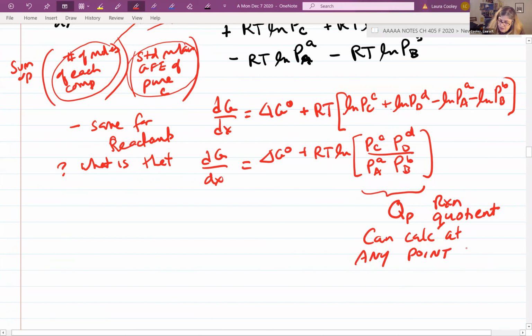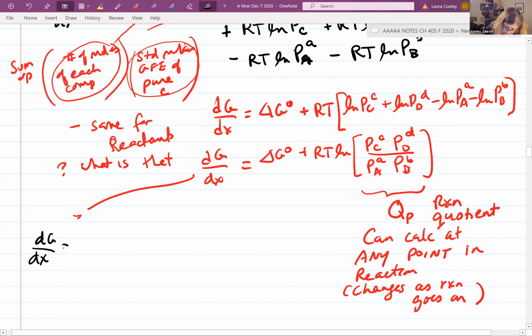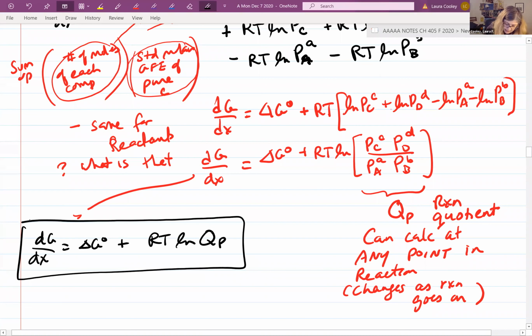It changes as the reaction goes on. So the shorthand version of writing this would be that dG/dx equals delta G0 plus RT times the log of that reaction quotient.